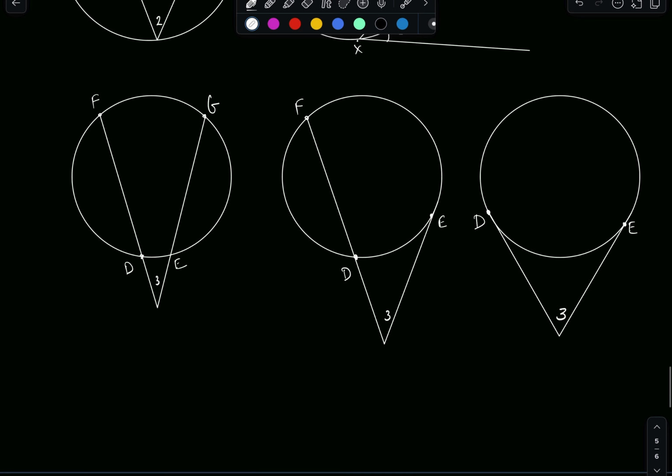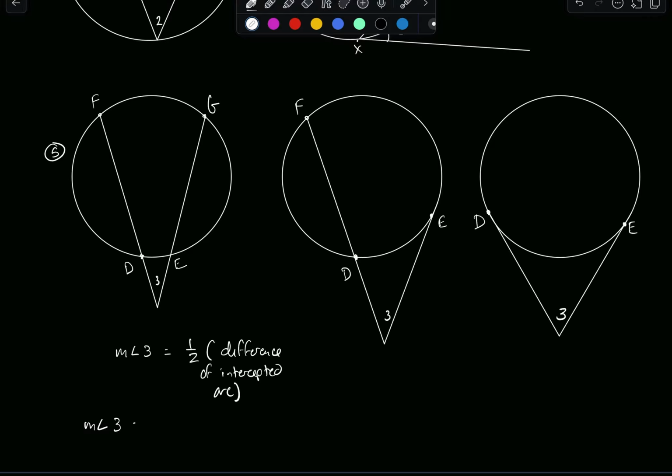Finally, we have the angles that are formed when the vertex is outside the circle. In this case, the measure of angle 3 is always going to be 1/2 the difference of the intercepted arcs, which looks like this for this circle here, which is, I guess, circle number 5.